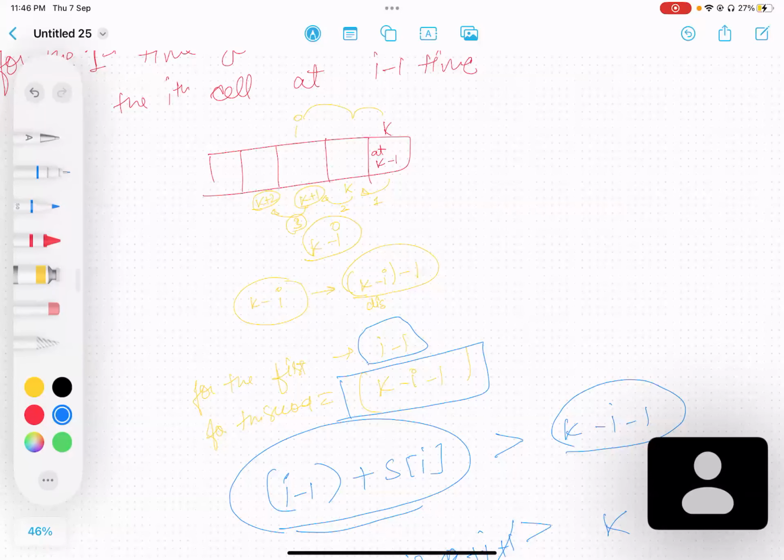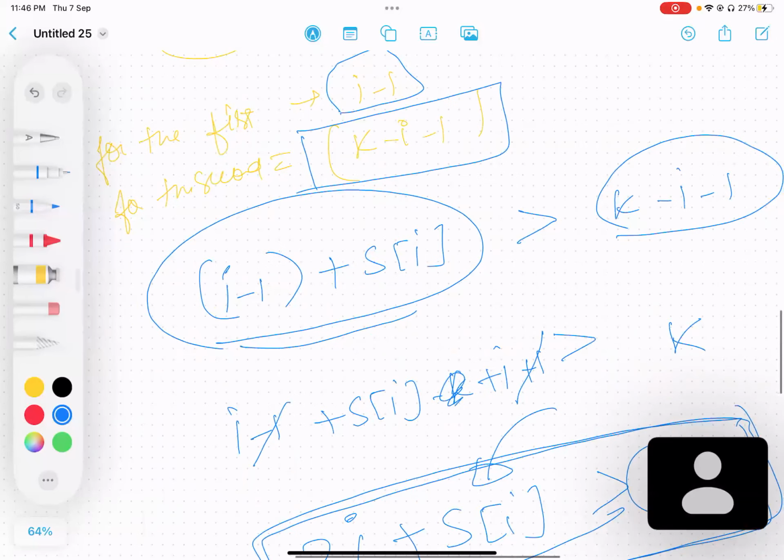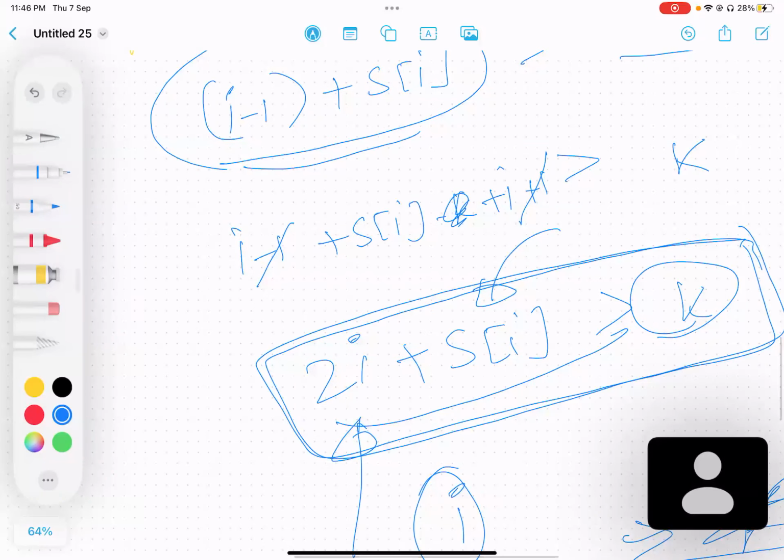We are reaching at I minus index for the first time, and we are reaching k minus I minus 1 for the second time, right? So let's say if the index is I minus 1, then I minus 1 should be greater than s of I plus k minus I, right? So k should be less than 2 of I plus s of I. This seems to be correct. I'm not getting where I'm missing it.